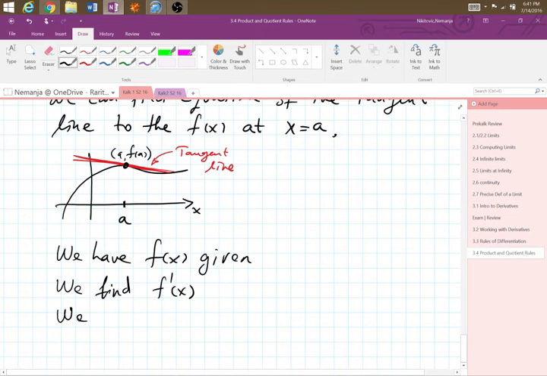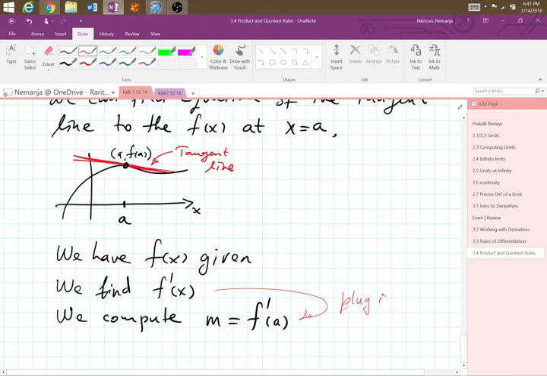We compute m equals f prime at a. And I'm going to actually use the little arrow here and say plug in a. So f prime of x is the derivative function, and as soon as you plug in the value that you're looking for, the value that you're looking for the tangent line at, it immediately becomes a slope.